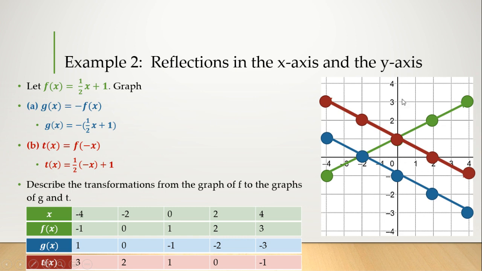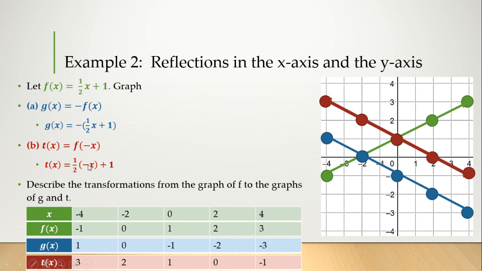The output for this dot right here is 3, but in our transformation g of x, it happens at negative 3. Here we have a 2, it happened at negative 2. A positive 1, a negative 1. All of the outputs have just switched their sign. That creates that flipping across the x-axis.